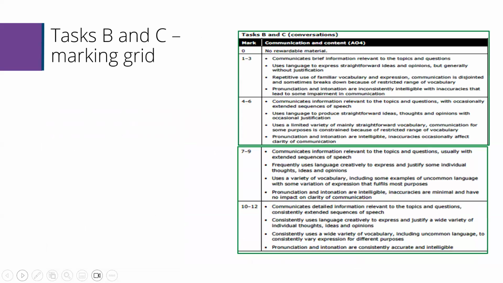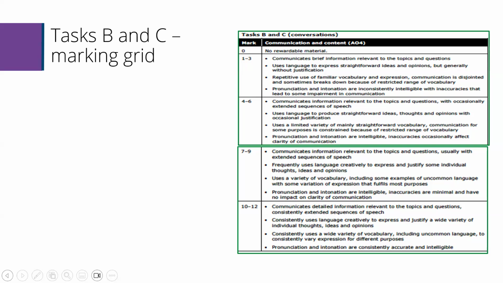And again, now onto our marking and our mark grids. In the 10 to 12 box for communication and content, we're looking for: communicates detailed information relevant to the topics and questions, consistently uses language creatively to express and justify a wide variety of individual thoughts, consistently uses a wide variety of vocabulary, including uncommon language.